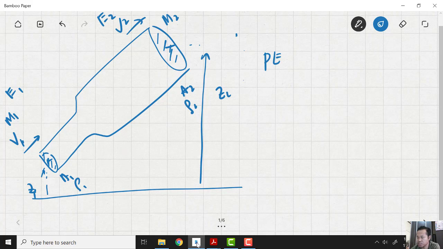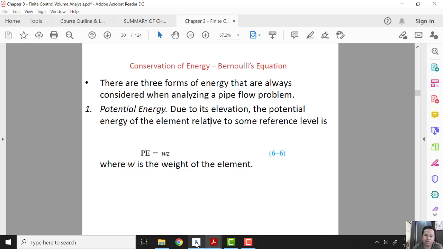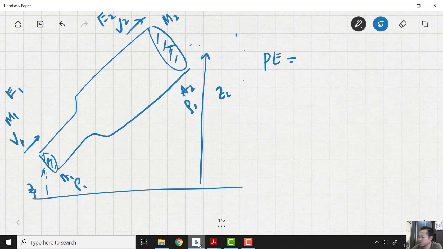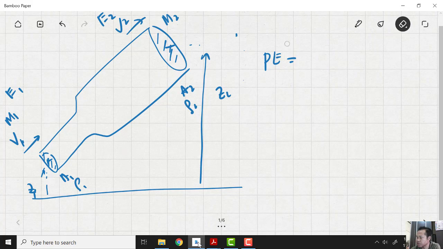What is potential energy, PE? You learned it before in your physics class, and we will look at it later. Next is kinetic energy. When we analyze energy in a system, in a pipe, there are three energies we consider.